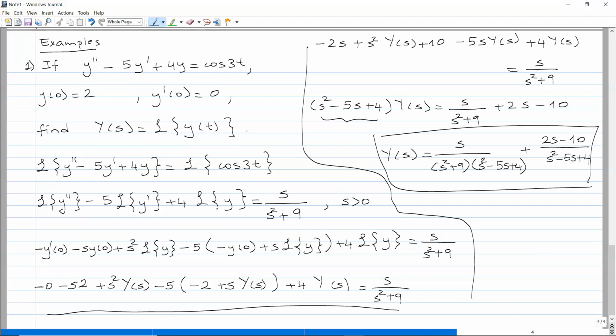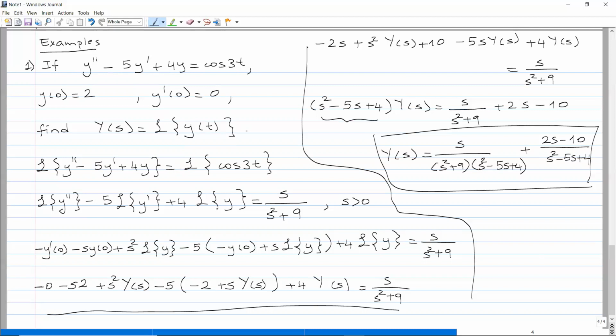To find a solution for our initial value problem, we need to find the function small y of t whose Laplace transform is this function, capital Y of s. So we need to apply inverse Laplace to this function.